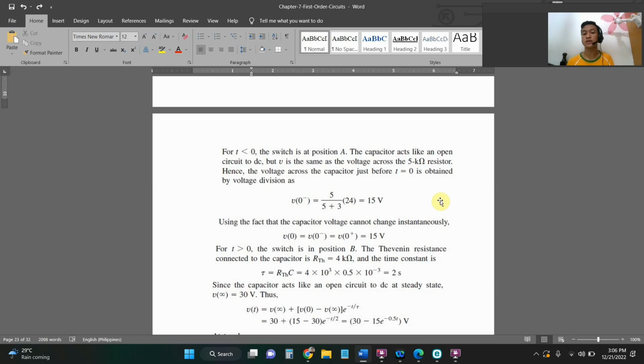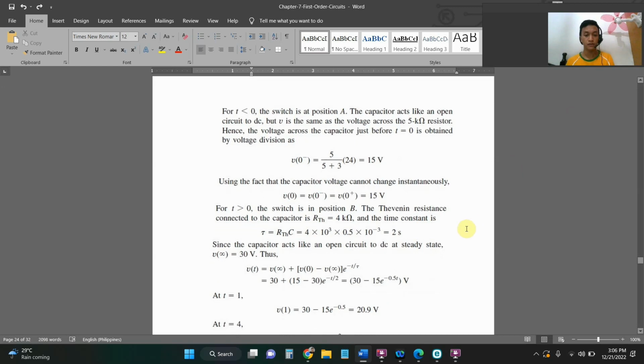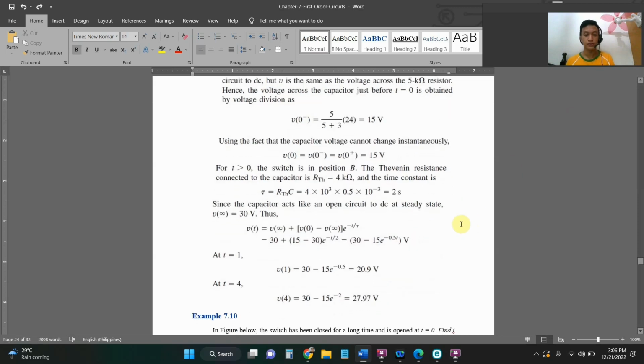Since the capacitor acts like an open circuit to DC at steady state, V(infinity) is equal to 30 volts. After that we can just substitute the values into this formula.